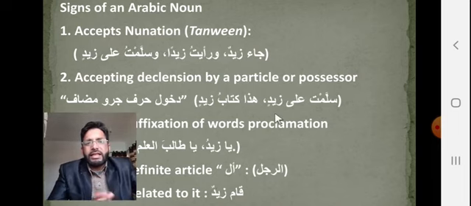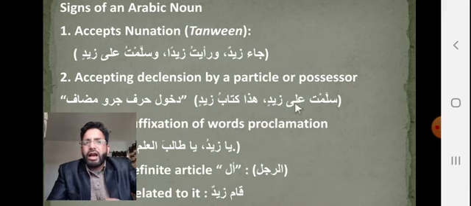Sallamtu ala Zaidin. You see, I used the preposition ala. This was basically Zaidun, but when I used ala, it became Zaidin. So this preposition inflects this noun. This noun Zaidun accepts declension by this preposition ala.